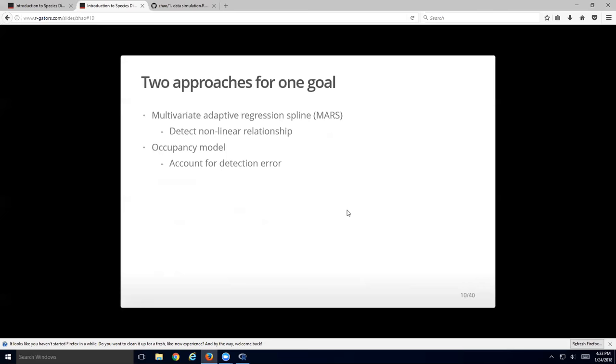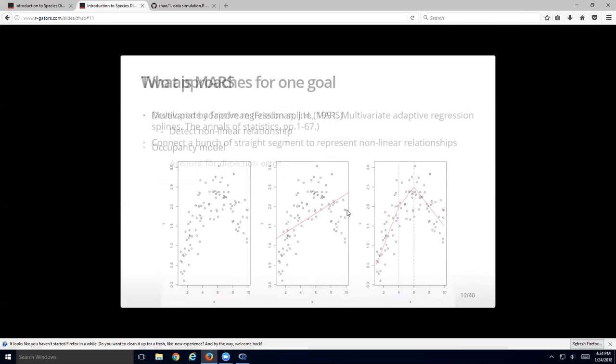On the other hand, I will also talk about occupancy models. And the occupancy models are good because they can account for detection probability explicitly in their model structure. And I want to combine the strengths of both.